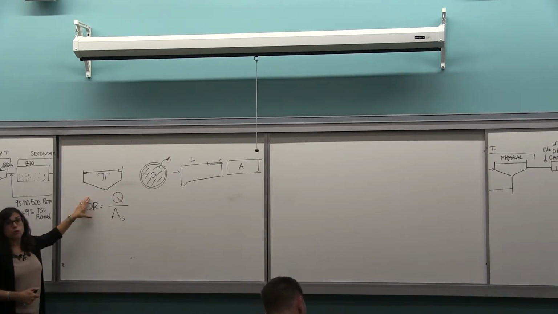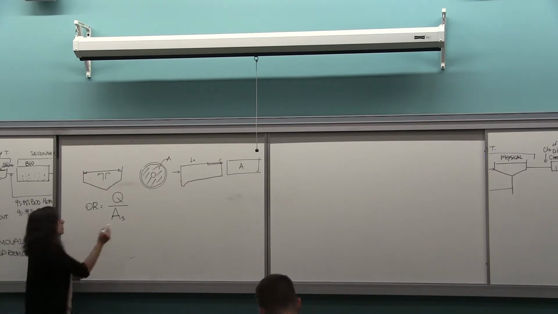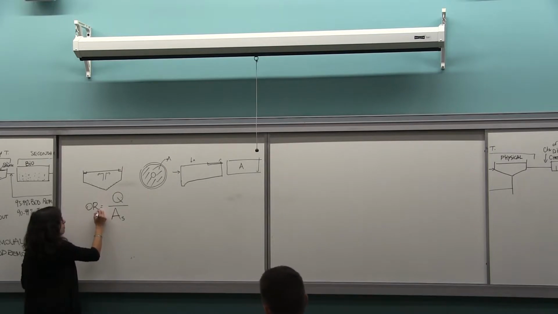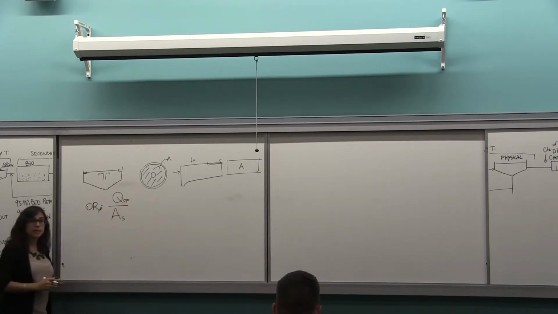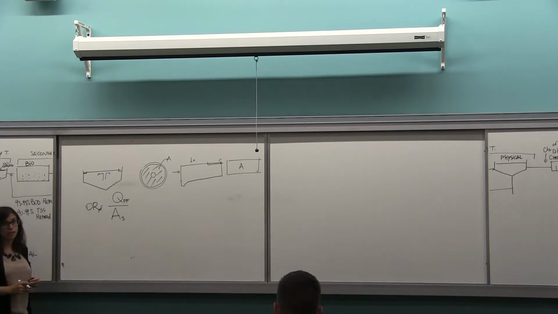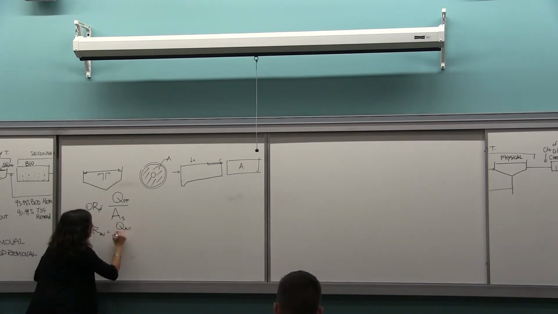And the overflow rate is given by design guidelines. In this case, it is given to us the overflow rate for peak flow. It's the peak flow rate over the area, and the overflow rate average is the average flow over the surface area.